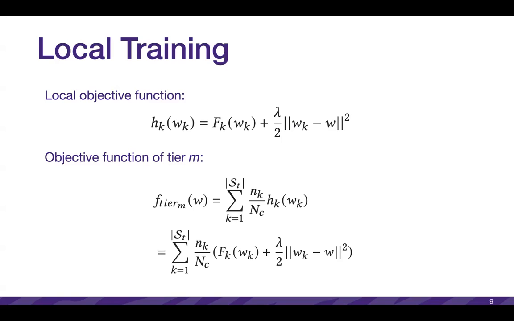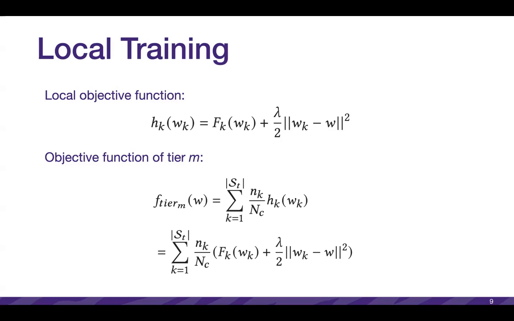You can see in the first equation, the F_k(w_k) is the loss function of FedAvg. And here the authors propose a constraint lambda to guarantee that the local model will not diverge very much from the global model.